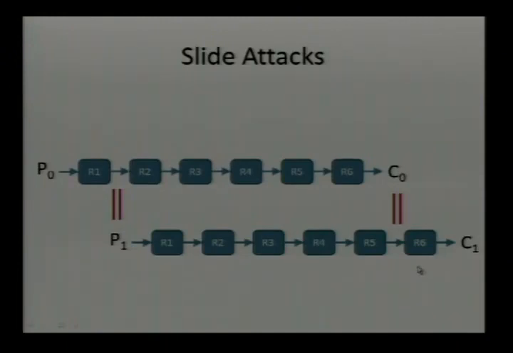It's really easy to break one round if you have the plain text and the ciphertext, especially if the round's weak. When you get a key out there, you encrypt P0 with that key for one round and see if it matches P1. If it does, then you have a slid pair and you know the key is right. I have an example on the website. I have a cipher with 100 rounds just stacked back to back, and this thing beats it in less than a second. So adding more rounds is not always the answer, but it helps, especially if it's a good cipher.